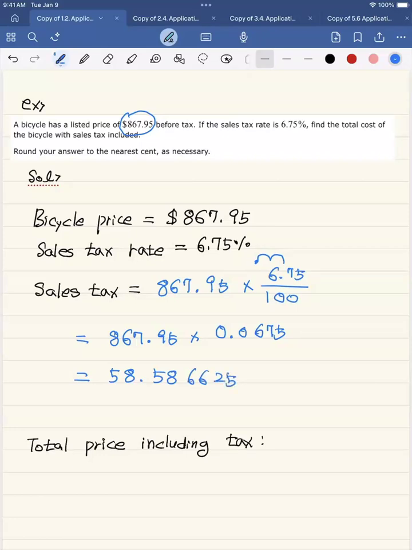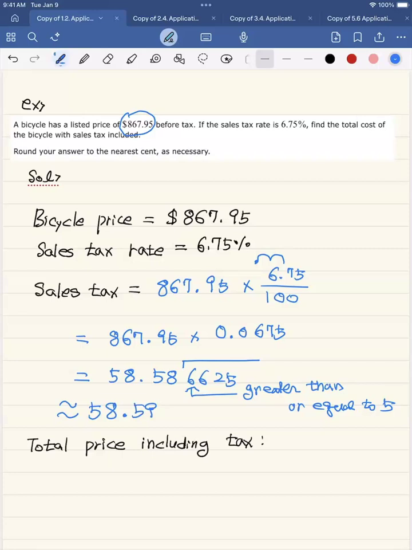We have to approximate to the dollar and cents amount, so we cannot go further than this. This digit is greater than or equal to 5. So we have to write 58.59.